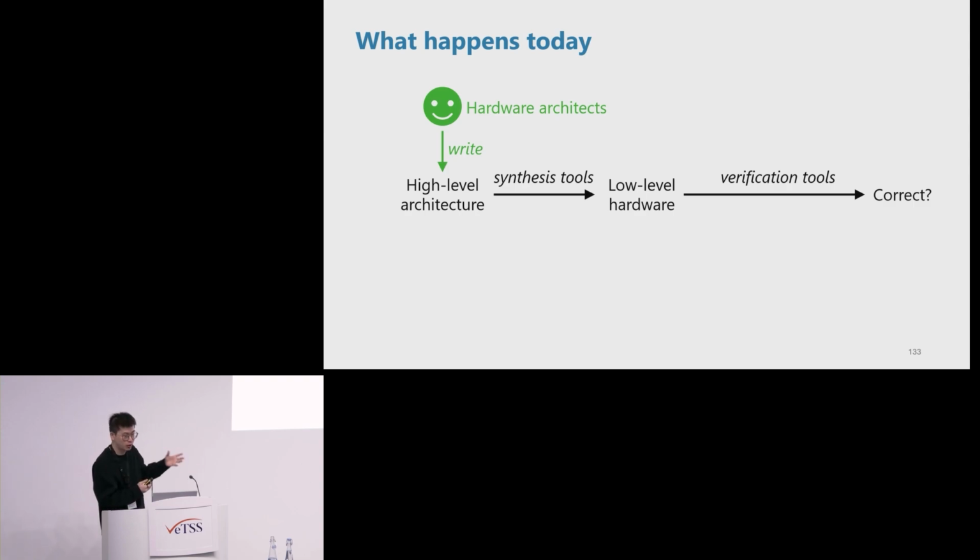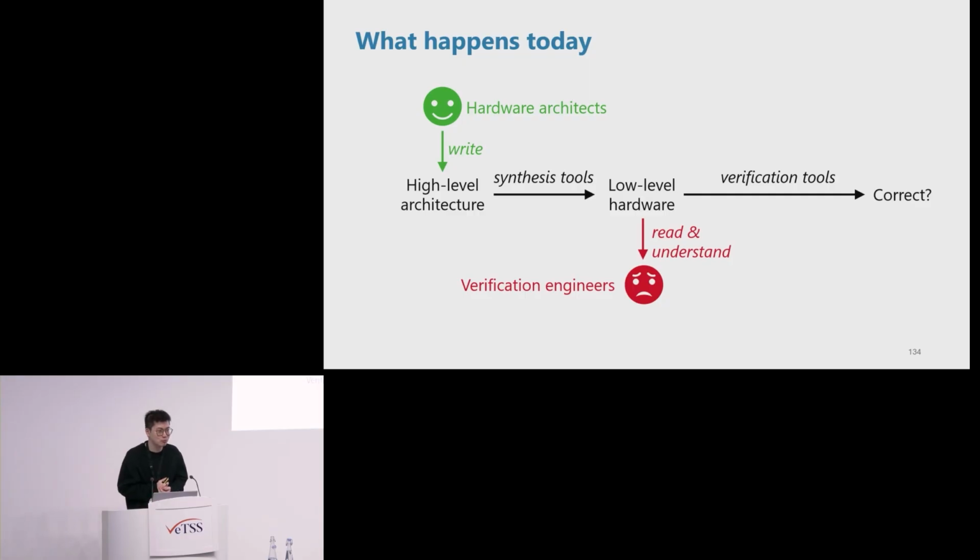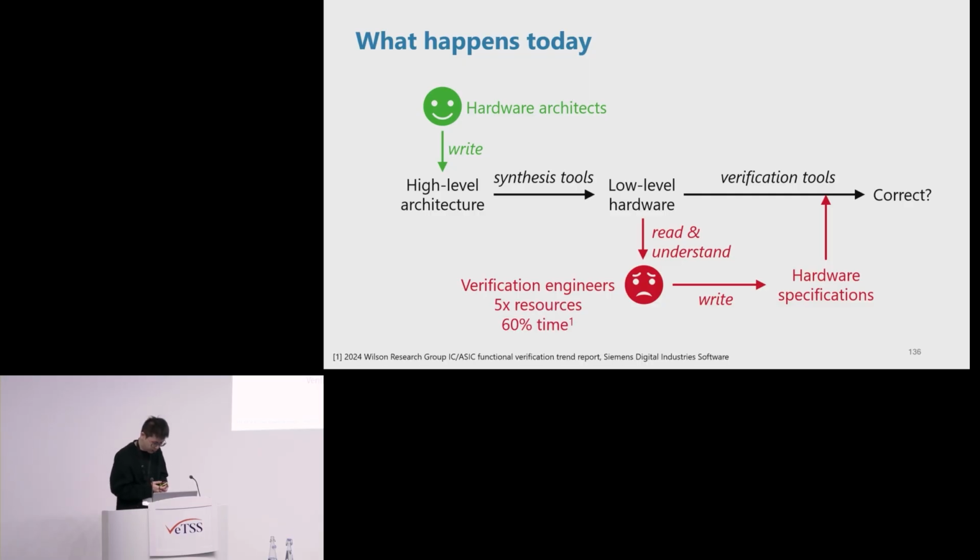But that's not the complete story. We also have verification engineers who have to read this messy code and understand what's going on, write low-level hardware specifications, and interact with verification tools to verify the hardware design is actually what the company needs. It turns out verification is complicated.